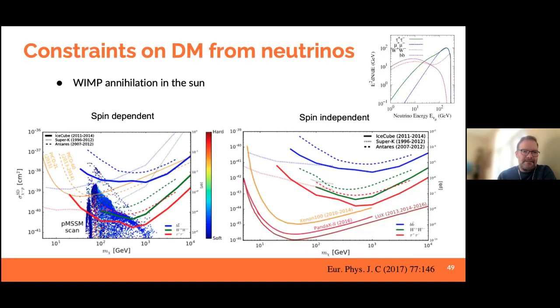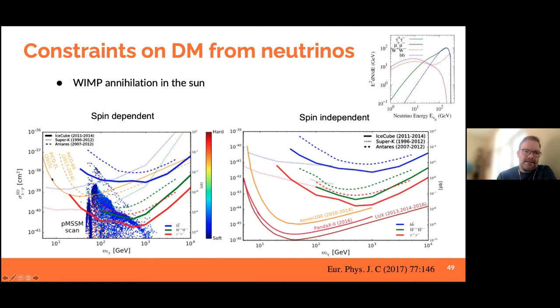So what do we get on this? The results of these experiments we can display in the dark matter mass versus spin dependent dark matter proton cross section.